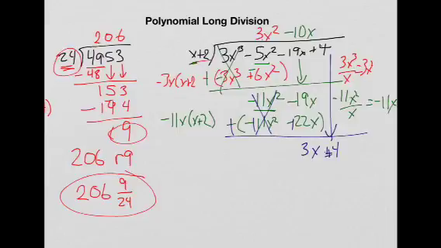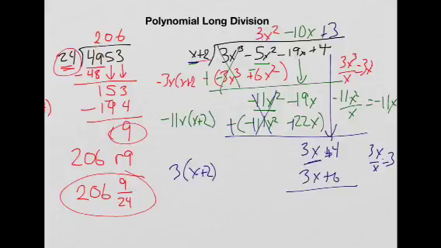So again, I'll look, how does x go into 3x? Well, 3x over x is going to give me 3, so I'll add 3. I'll take 3 times x plus 2, and I get 3x plus 6. And I subtract that.